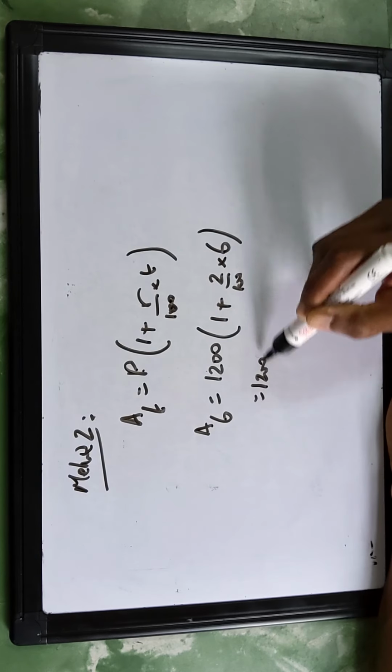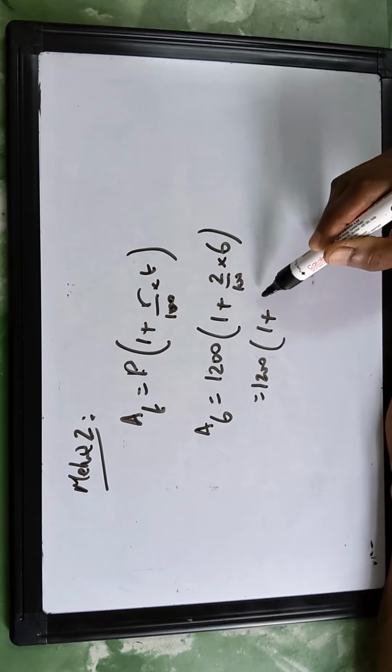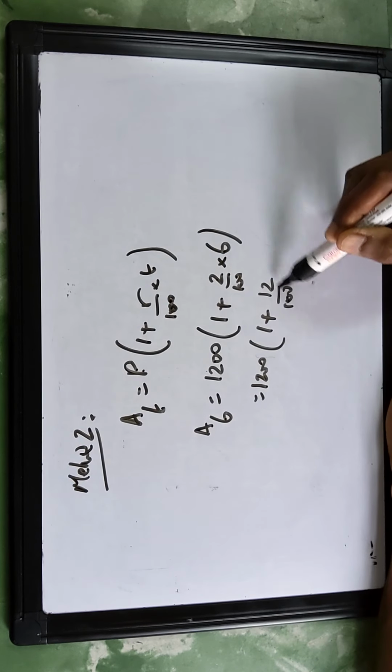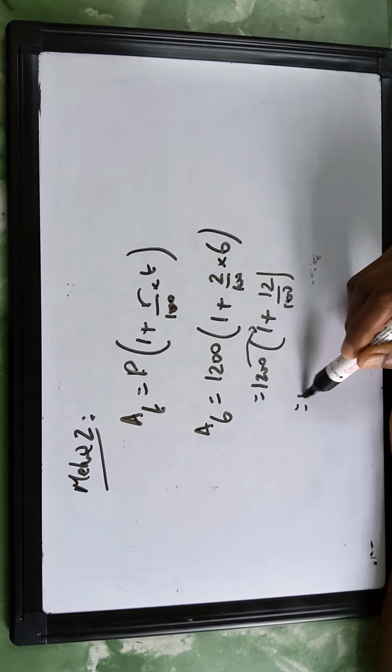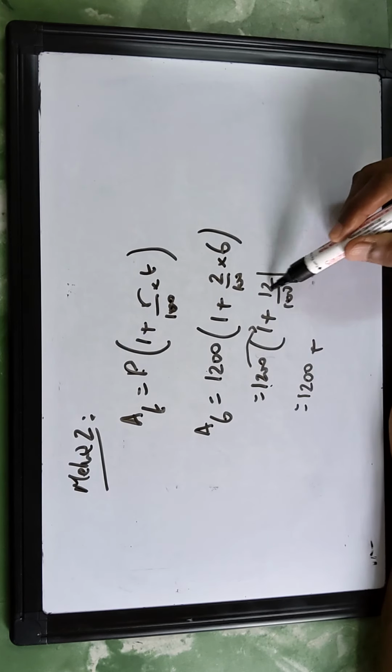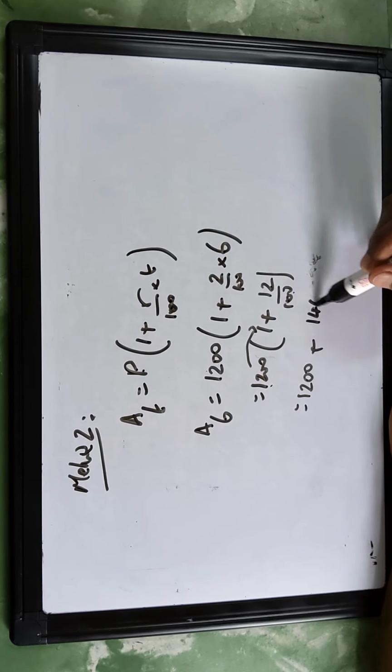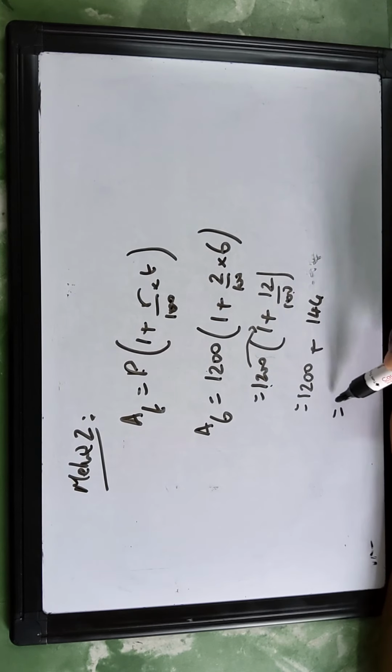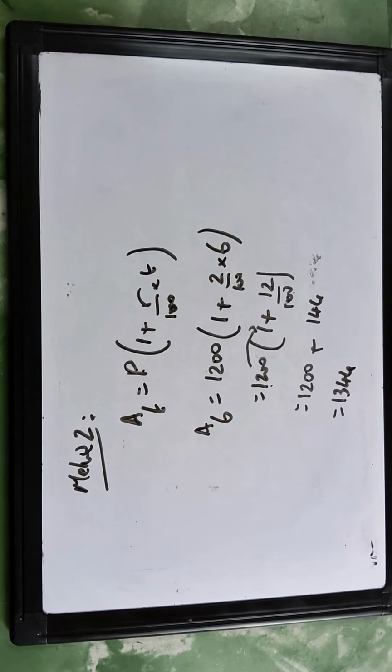So 1200 times 1 plus 12 upon 100, we expand, so it's 1200 plus 1200 times 12 upon 100, that's 144, so in all $1,344 after 6 years, total amount after 6 years.